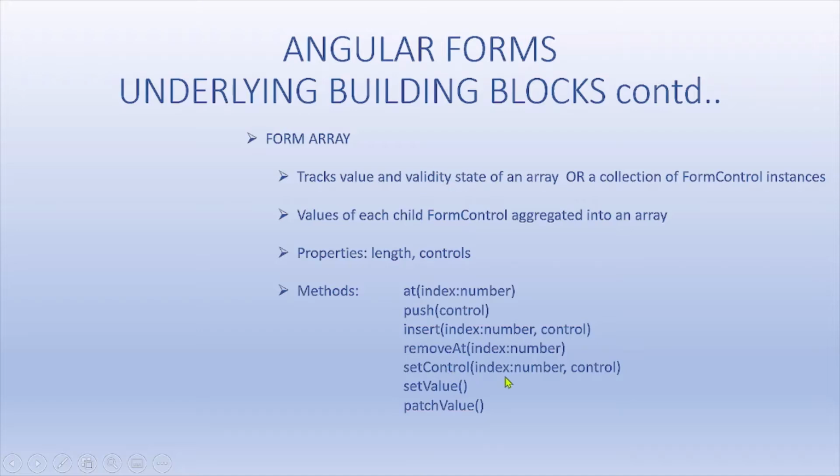Again, we could replace or change the name of a form control in the form array, and set value and patch value work the same as in form group, right? So again, set value would allow us to change the value of all form controls in the form array, and patch value would allow us to change the values of a few of the form controls in the form array.